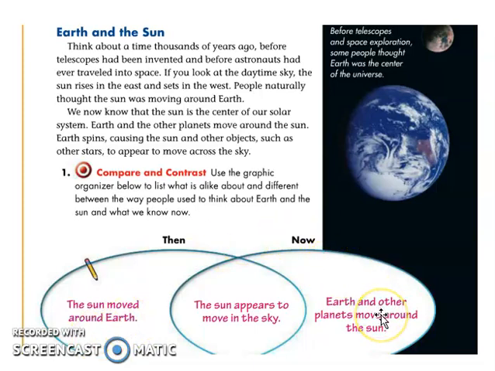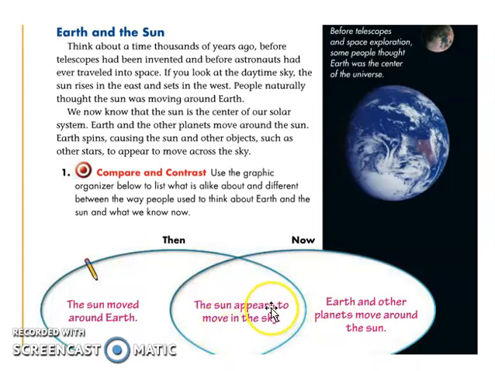Now, according to facts and evidence, the earth and other planets move around the sun. Their similarity is that the sun appears to move in the sky.